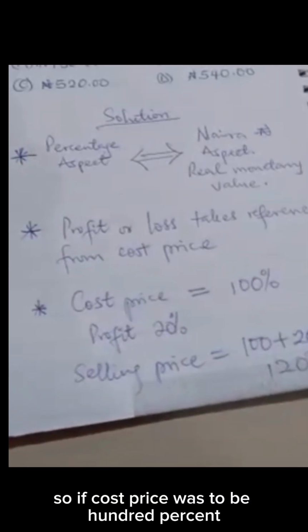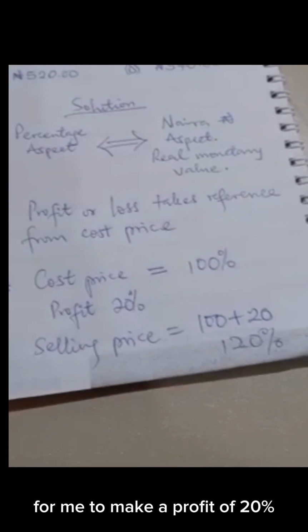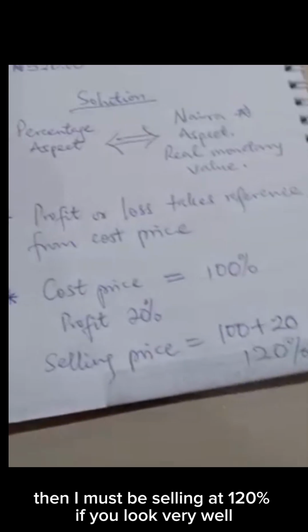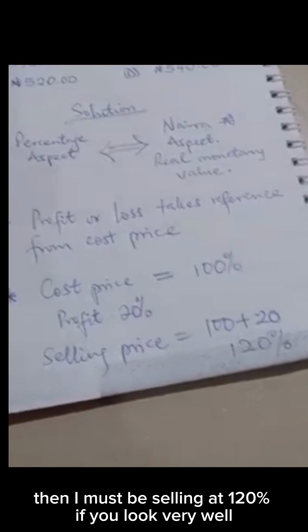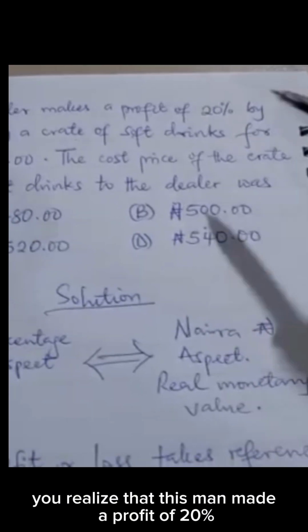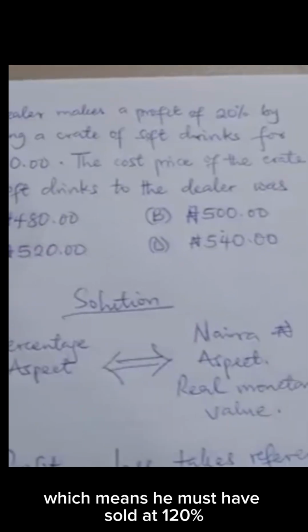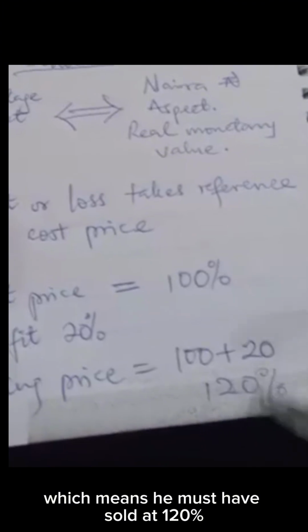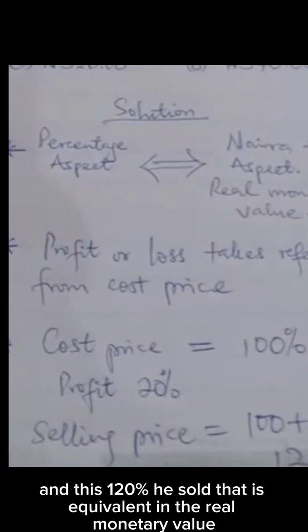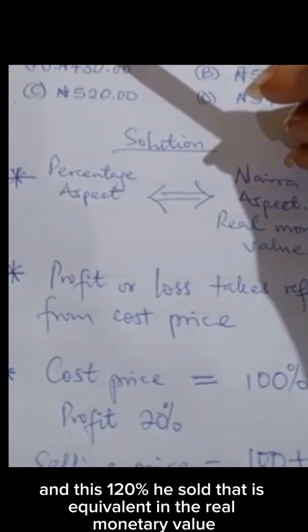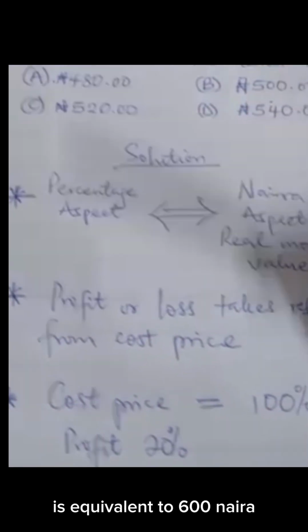So if cost price is 100%, for me to make a profit of 20%, I must be selling at 120%. If you look very well, you realize that this man made a profit of 20%, which means he must have sold at 120%, and this 120% in real monetary value is equivalent to 600 naira.